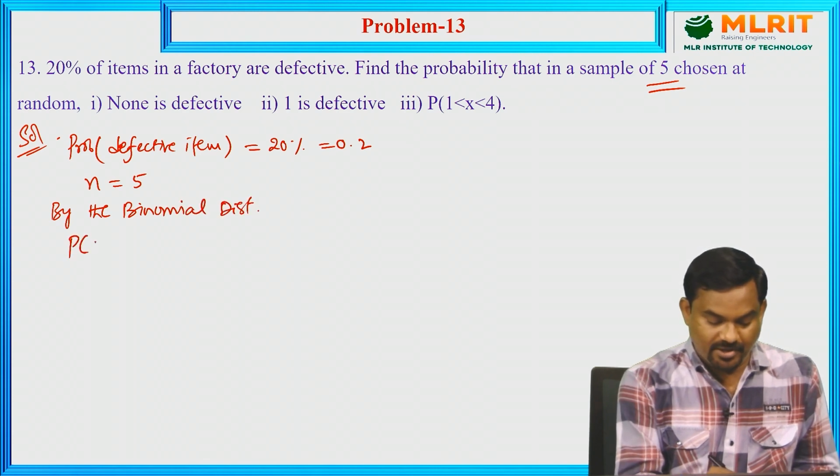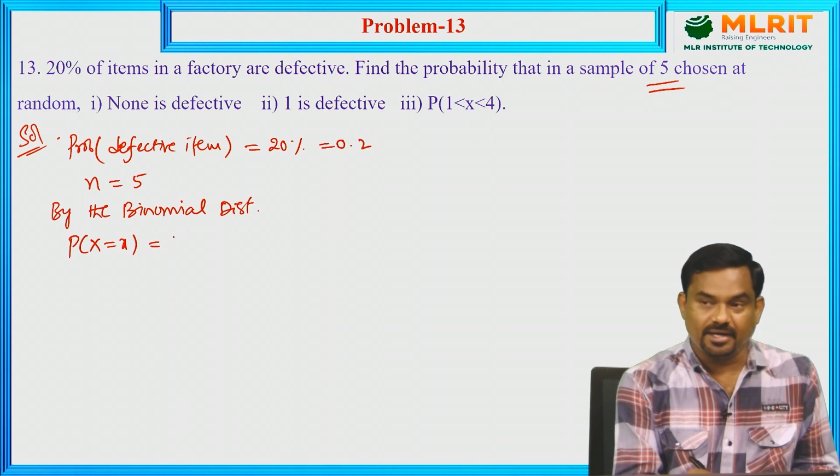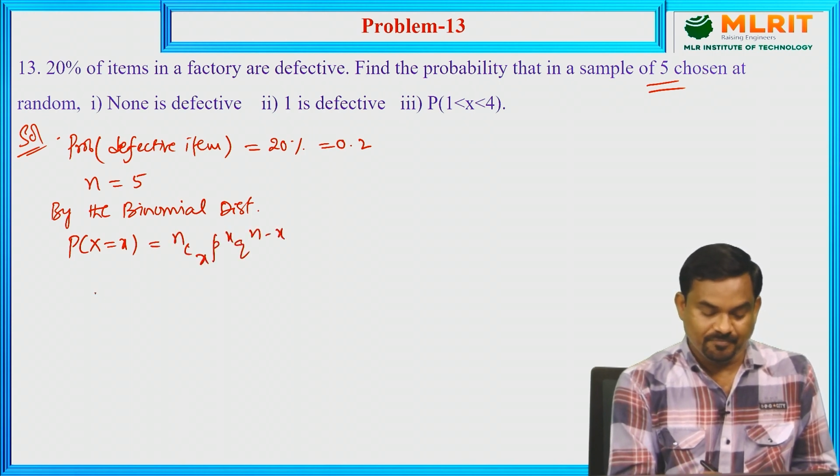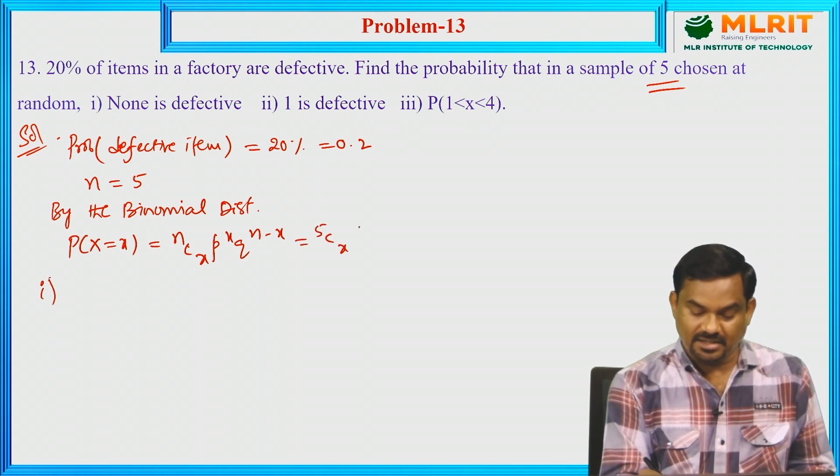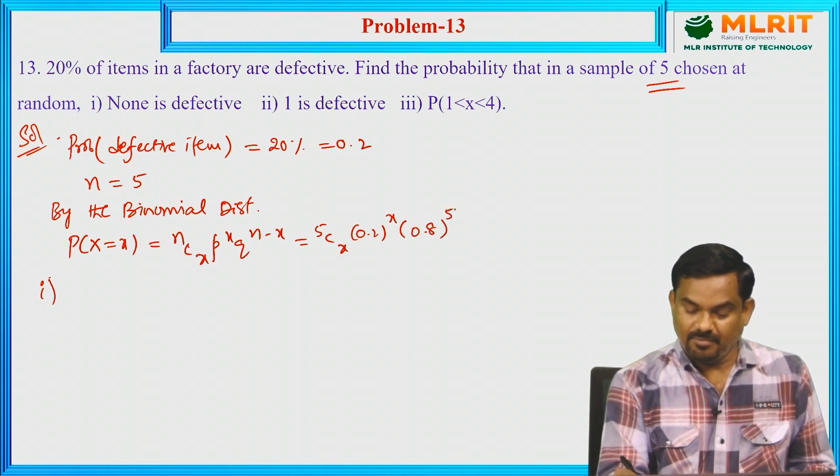and by the binomial distribution, the probability of x successes is given by nCx p^x q^(n-x). Now in this question, n is 5. So 5Cx, 0.2 power x and 0.8 power 5 minus x.